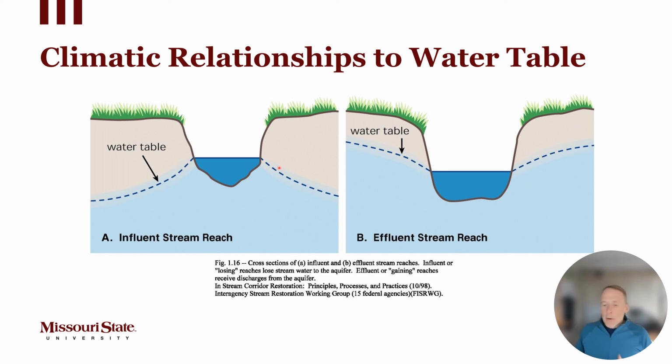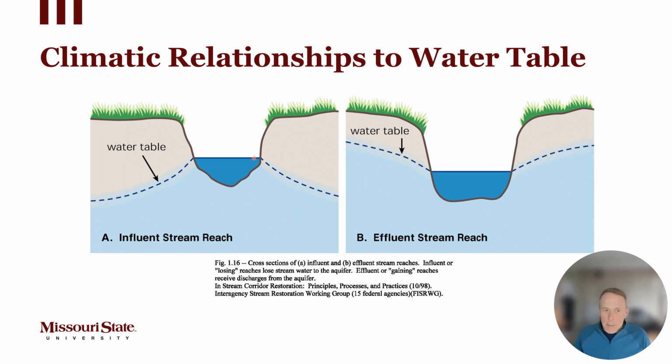If you go to a more arid climate, like in the southwestern United States or any part of the world that's a desert, streams have a different relationship with the water table, and we're going to do a whole module later in the semester on groundwater, and we'll go deeper into this concept. But here you can see that the stream is actually the high point.